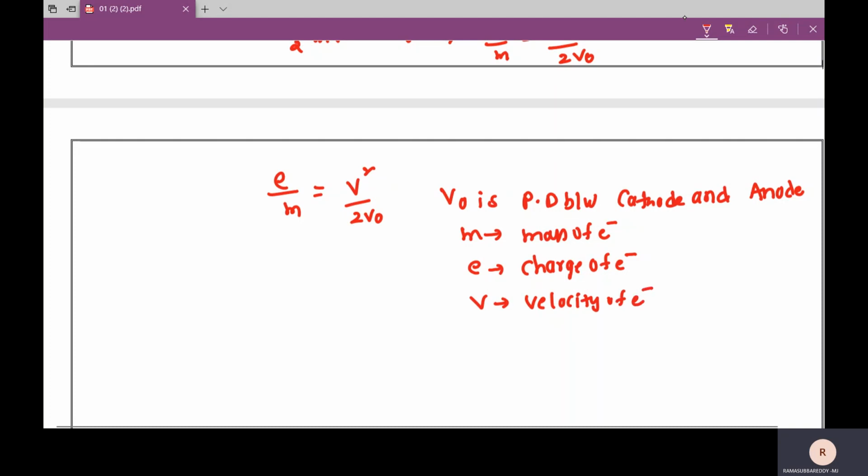And just now we found that the velocity of the electron is E by B.